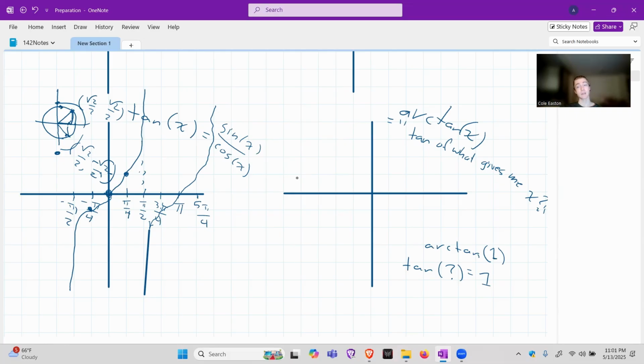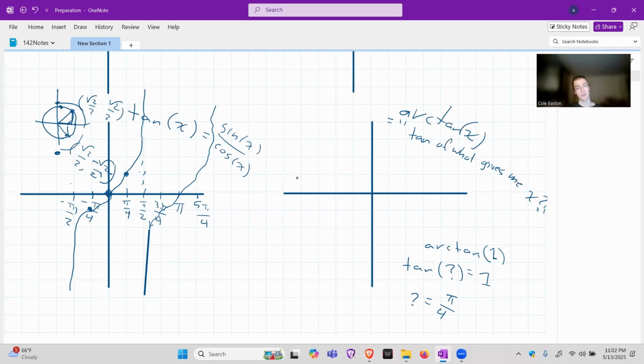But the problem is that arctan needs to be a function, right? And remember that a function has only one output for any input. So we're going to say that our question mark here is going to be pi over 4. And so we're always going to pick an answer that's between negative pi over 2 and pi over 2, even though there's an infinite number of answers, since it's just going to keep repeating.